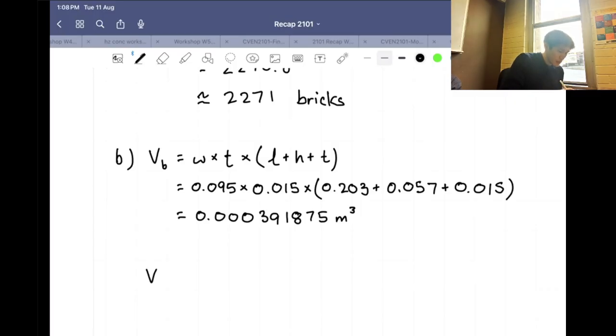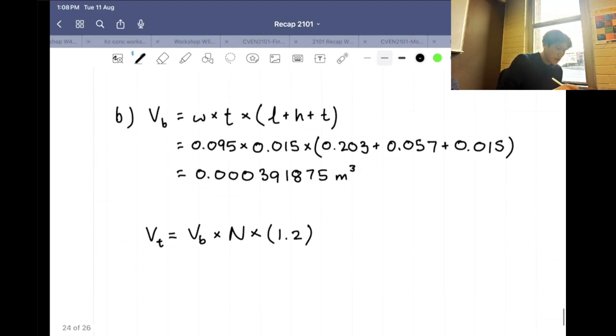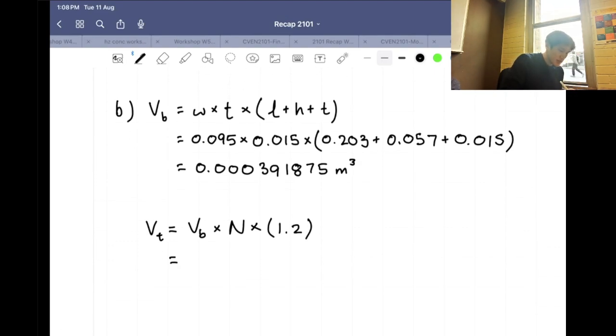And then you move on to your volume for the total amount of mortar you need. That's just the volume for each brick times the number of bricks you have times the wastage, which is I think 20%, so 1.2.